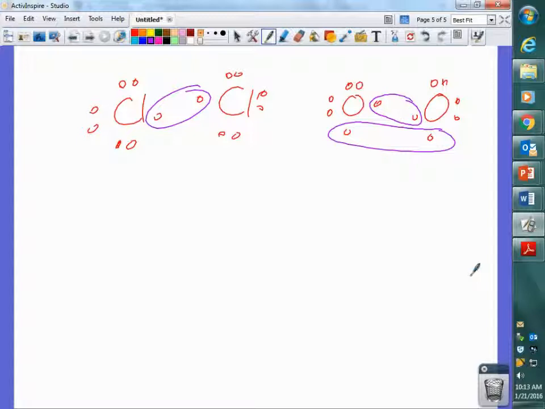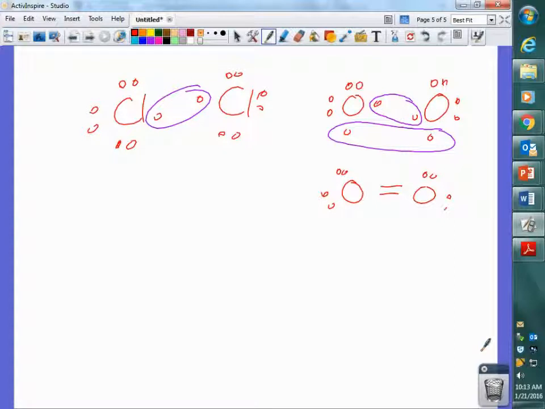Now if we count up oxygen's electrons, 1, 2, 3, 4, 5, 6 on its own, 7 that it's sharing there, 8 that it's sharing there. Now is it in its low energy state? Yes, it is, right? So we could represent this molecule like this. Okay? Good there?